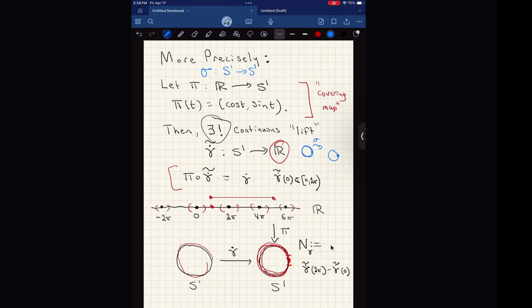And this rotation number, as I've defined it, is the special case of the winding number when the map is the velocity vector. So in general, I could put sigma where I put gamma dot in all of these cases. So whenever you have a map from the circle to the circle, you're just trying to track the number of times it winds around the circle.